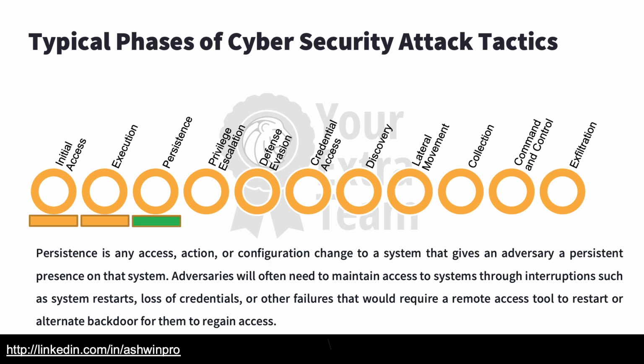The next thing I want is to be persistent on that system. That means I need to ensure that interruptions like a system restart or the user changing the password don't require me to do all the activities again, so I would try to make alternate backdoors.